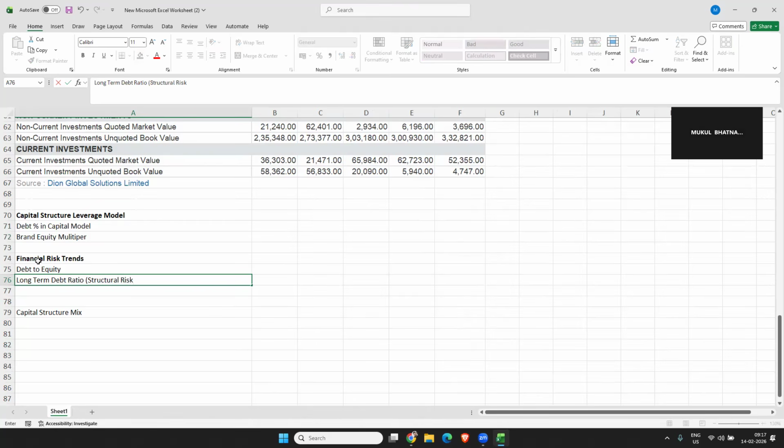And the third thing that we will be calculating is, long term we have calculated, we will also calculate short term debt pressure. So this ratio is necessary for the calculation of liquidity risk.